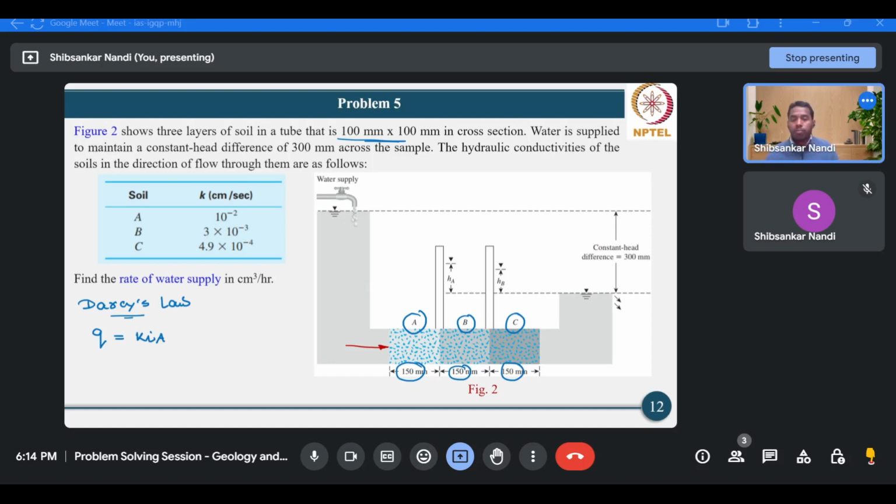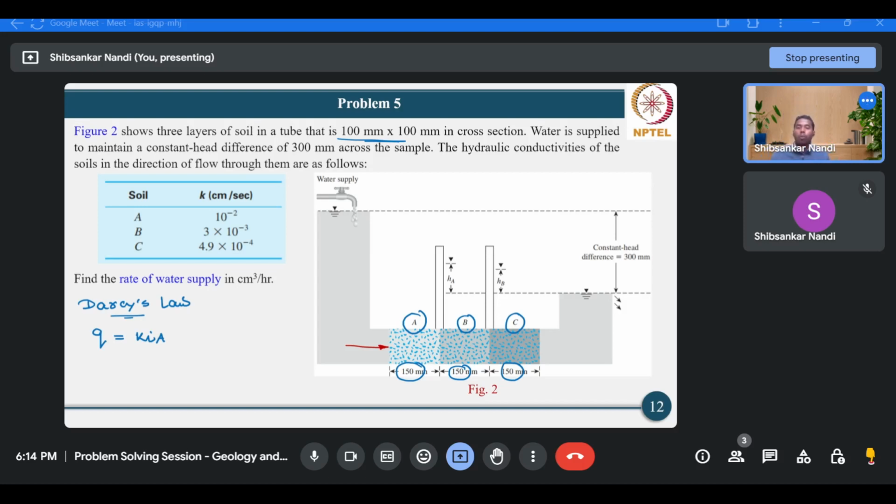However, the rate of flow should be the same through all the soil samples. Whatever flow is occurring through sample A, the same flow will be occurring through sample B, and again the same flow will be happening through sample C. This is from the continuity equation.